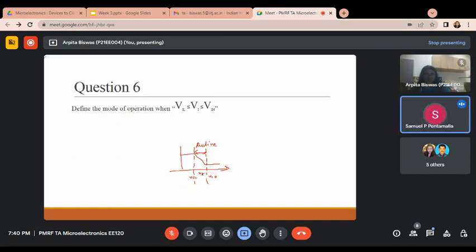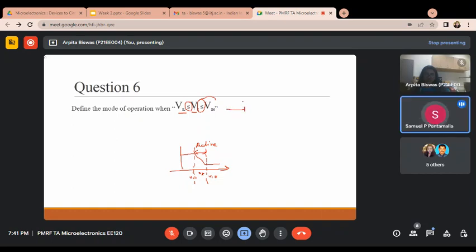And if it is equal to or less than VIH, it is active, and also if it is equal to or greater than VIL, it is also active. So now we are getting that point, na?